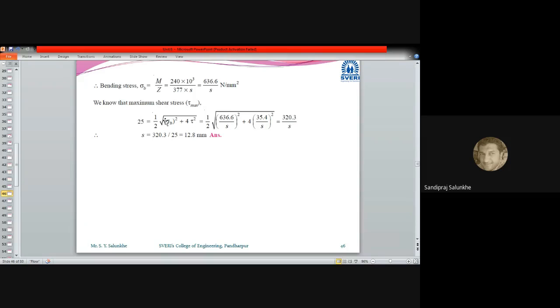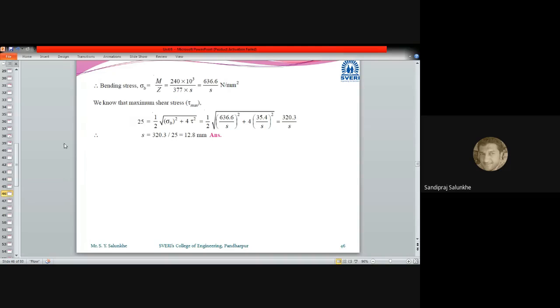That is the maximum shear stress theory. In this case, we put the values of bending stress as well as shear stress in terms of S. The allowable maximum shear stress is 25 newton per millimeter square, 25 megapascal as given. So we'll keep this 25 as it is, and we can calculate S.